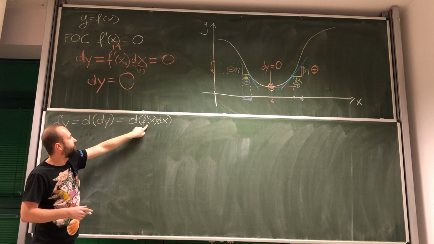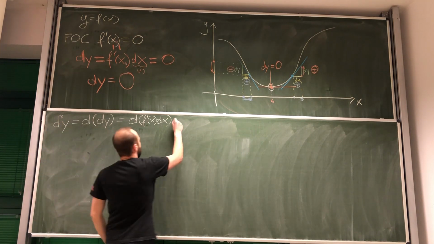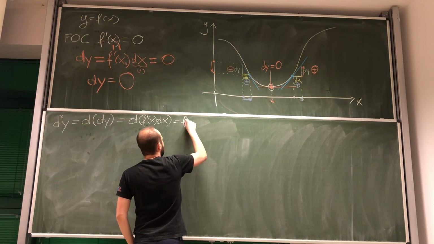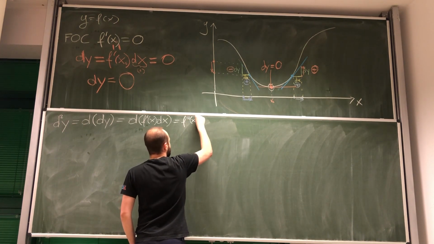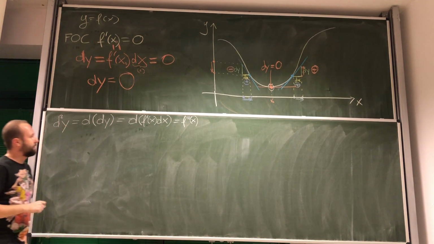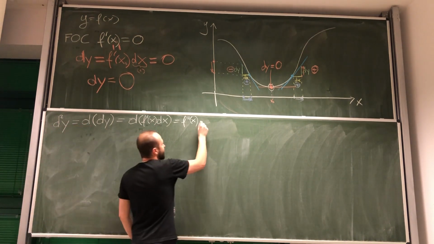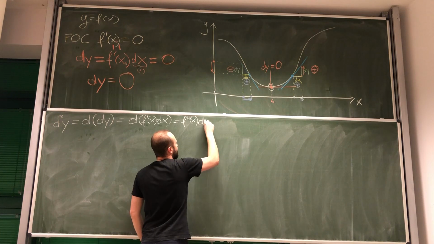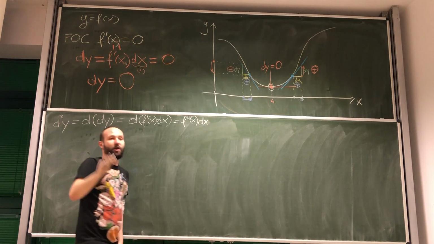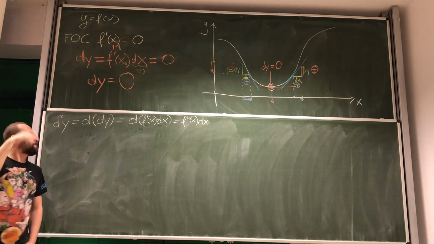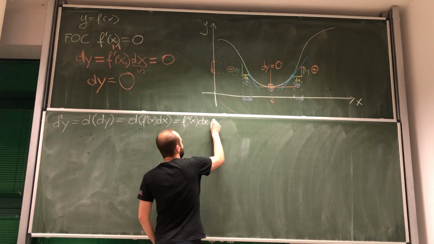Now, we need to differentiate this function. So, here we will have a second derivative. And now, look, this dx is going to stay because we had it before. But now, we need to introduce another dx.